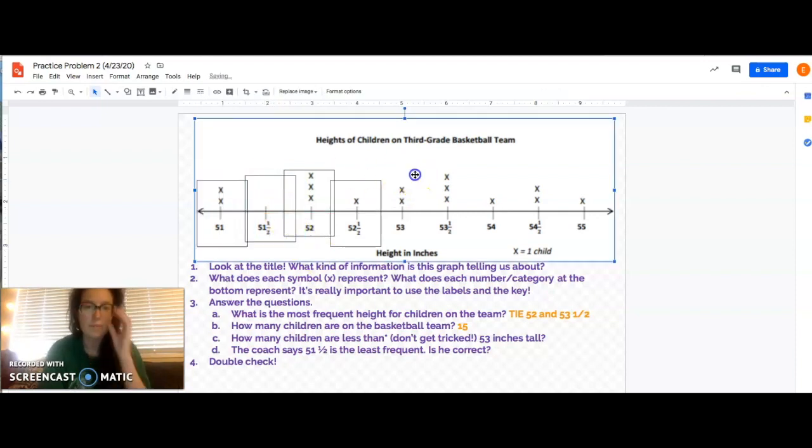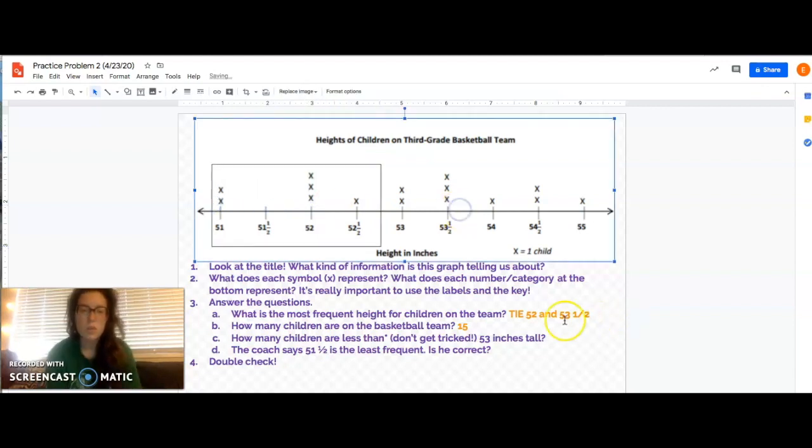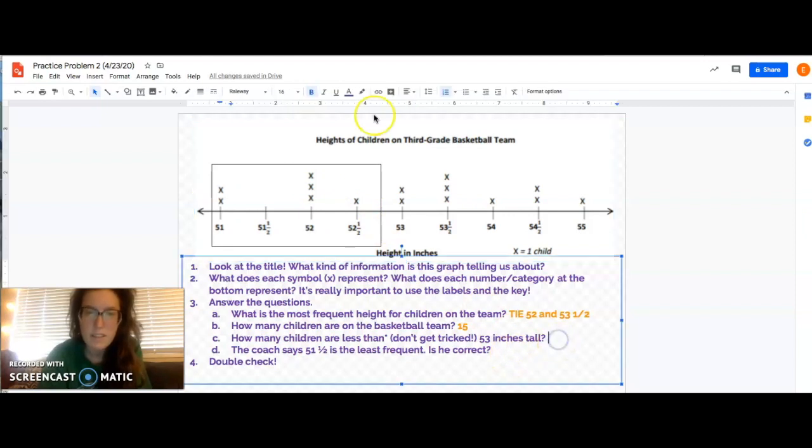And 51 is less than 53. Actually, you know what? I think I'm just going to make this one big box. That's probably a little bit clearer for you. So we're looking at just that part of our line plot. Okay, so I have to make sure that I'm counting the children. 1, 2, 3, 4, 5, and 6.